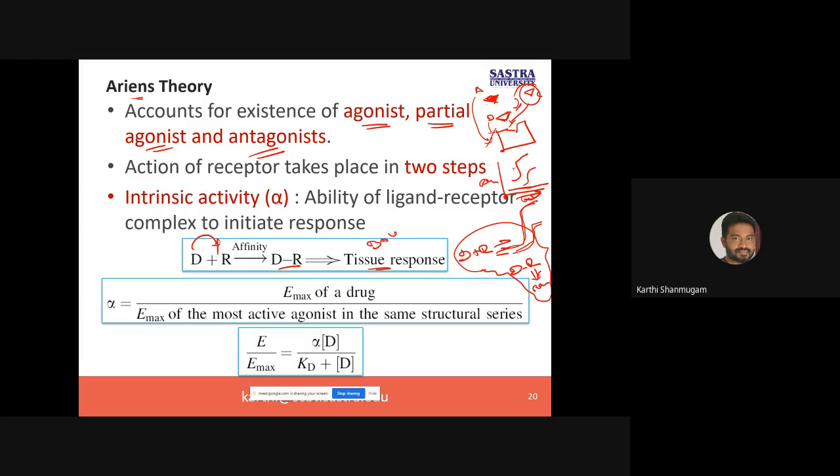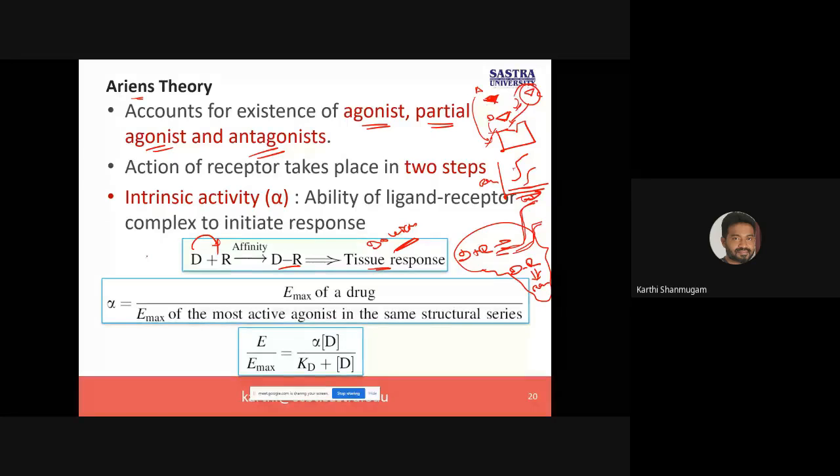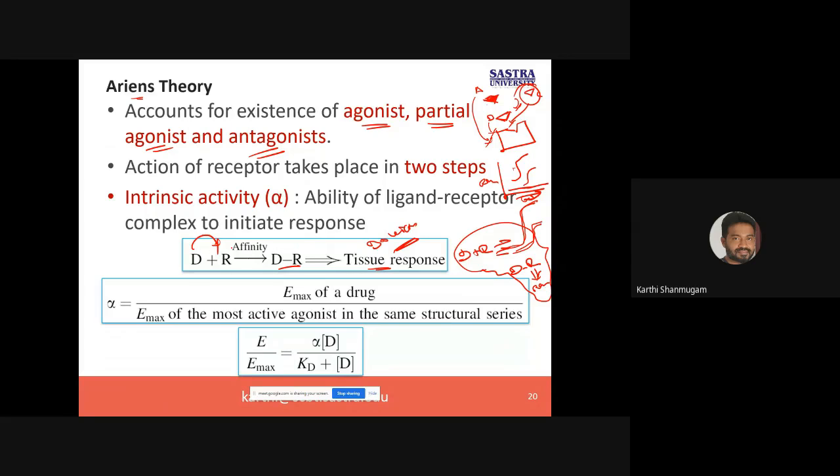No difference, same thing Clark said. But according to Clark theory, this takes place in one step, while according to Ariens' theory, it takes place in two steps. And he also termed something called affinity.